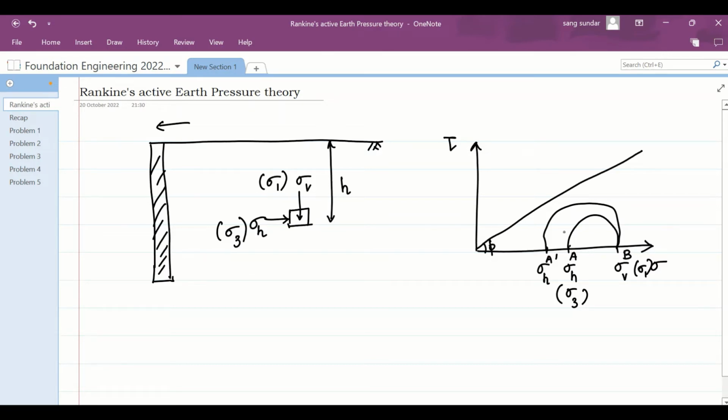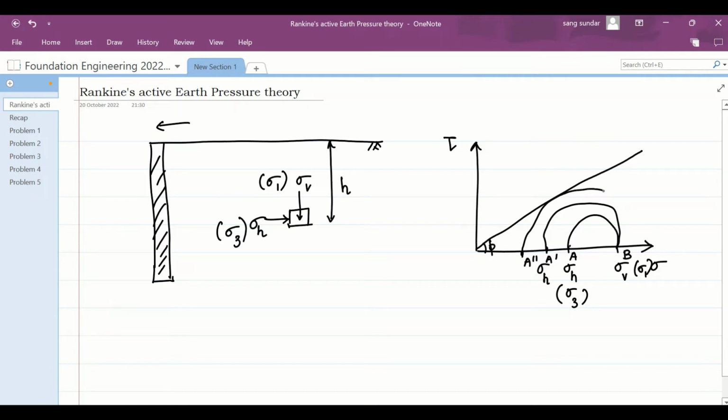Okay. So even now the failure did not happen. Now he is suggesting you to decrease the horizontal stress even further. So if you decrease it further, it will go somewhere here. So let us take this new point as A double dash and draw your Mohr circle.